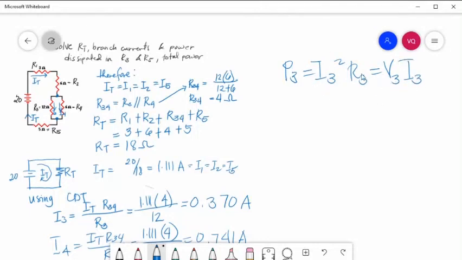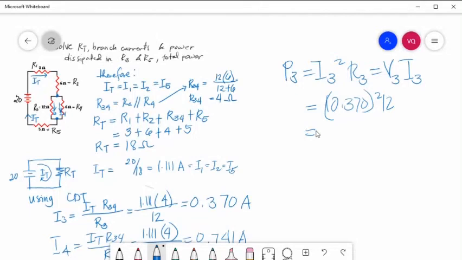So, ito na lang kasi given na lahat. Hindi mo na kukunin yung voltage drop. So, I3 is 0.370 squared multiplied by R3 which is 12.